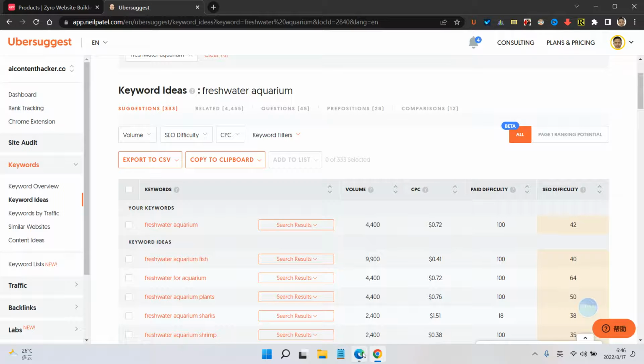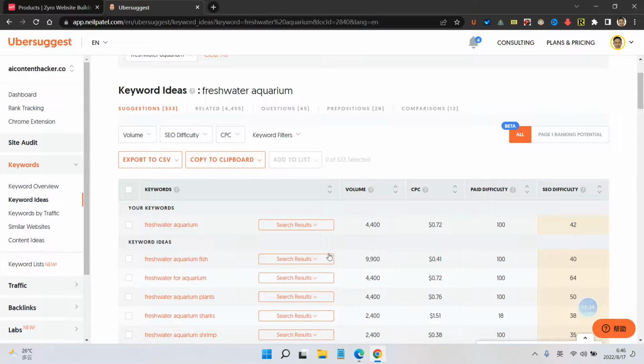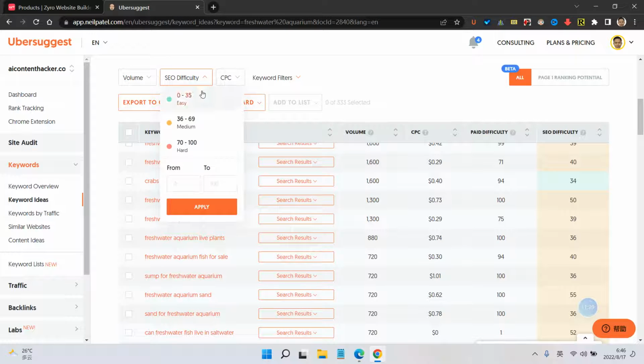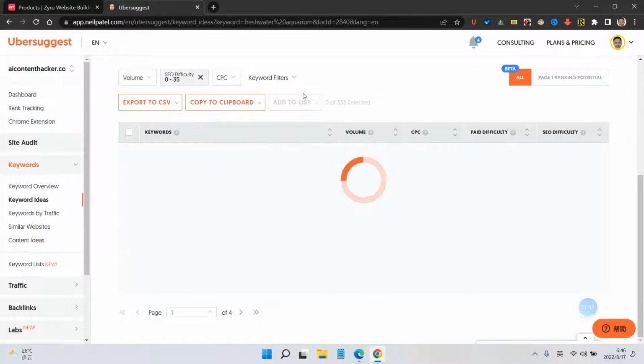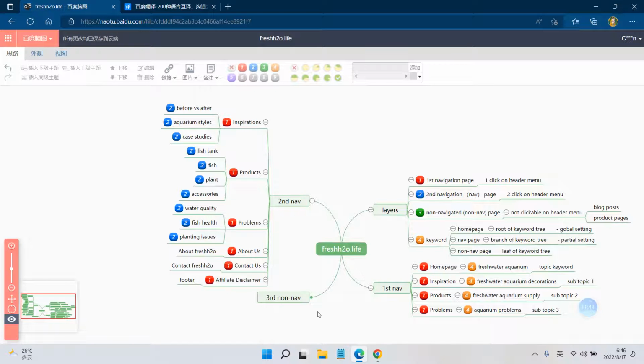And then let's say the third layer will be the list for the keyword tree. So there will be a lot of things to talk about, like when you choose some SEO difficulty, you will choose the easy part to write some articles, to do some blog posts, like here.